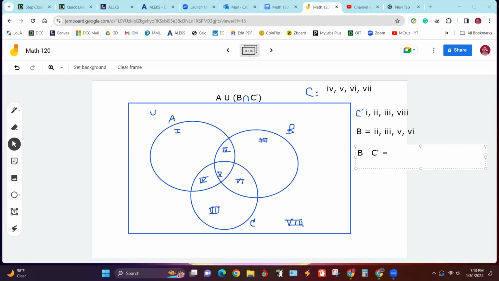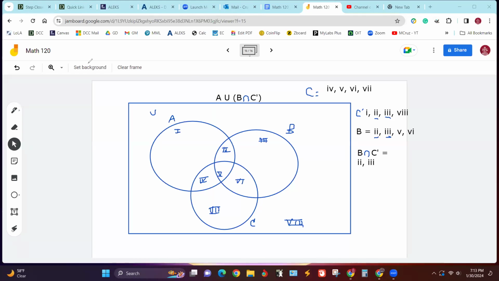So that's 2, 3, and that's the only two that's common between B and C complement. 2 and 3. So that's this part, that left-hand side.